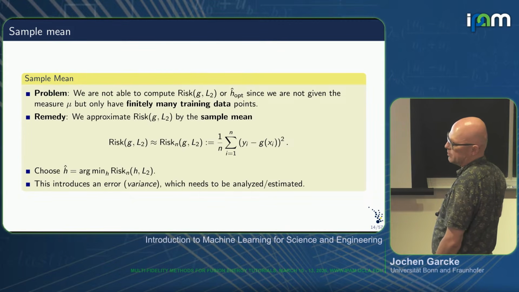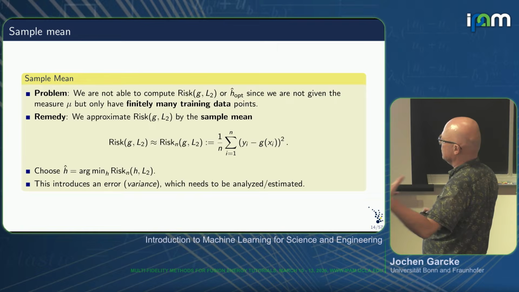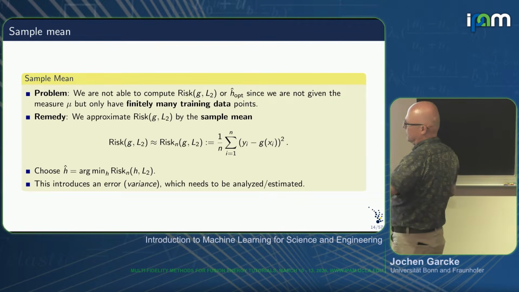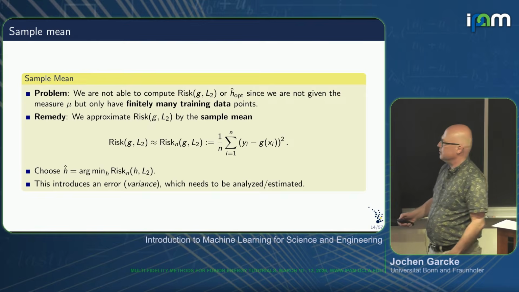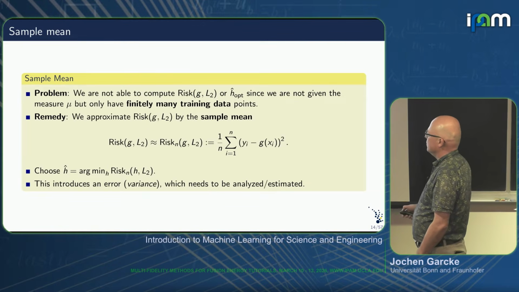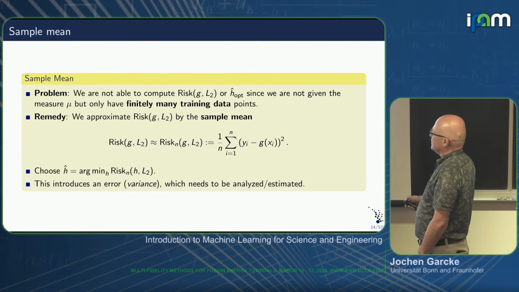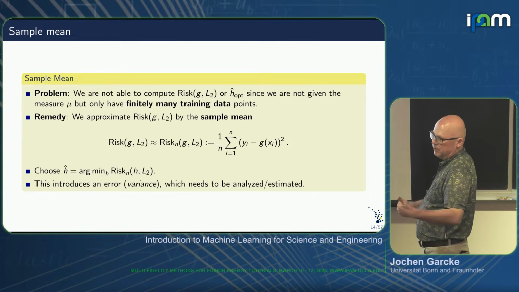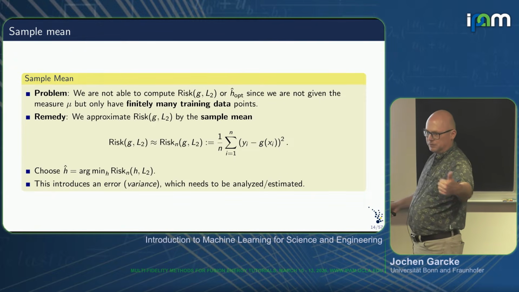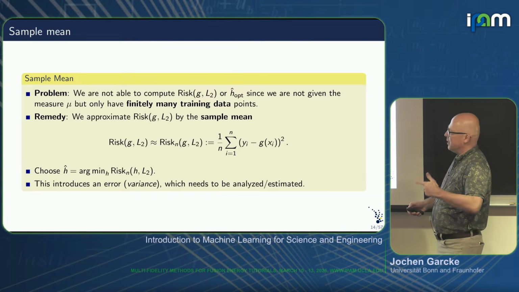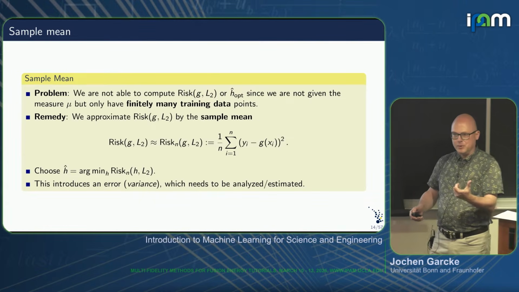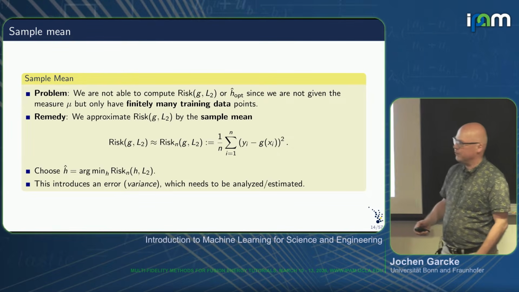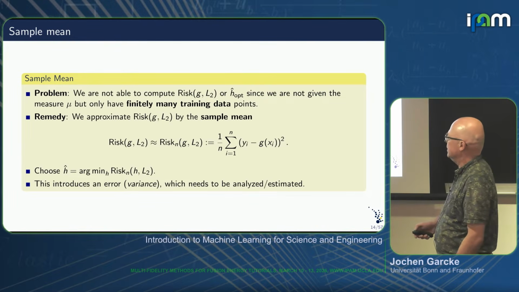Here for the regression setting it is least square error, but we can use any kind of loss function, and I'll give some classical examples in a minute. Of course, this gives additional error. So we have some error by going from H to H bar, some error in this empirical estimate. So we are already taking steps away from the original solution, and we have to worry about that generally.